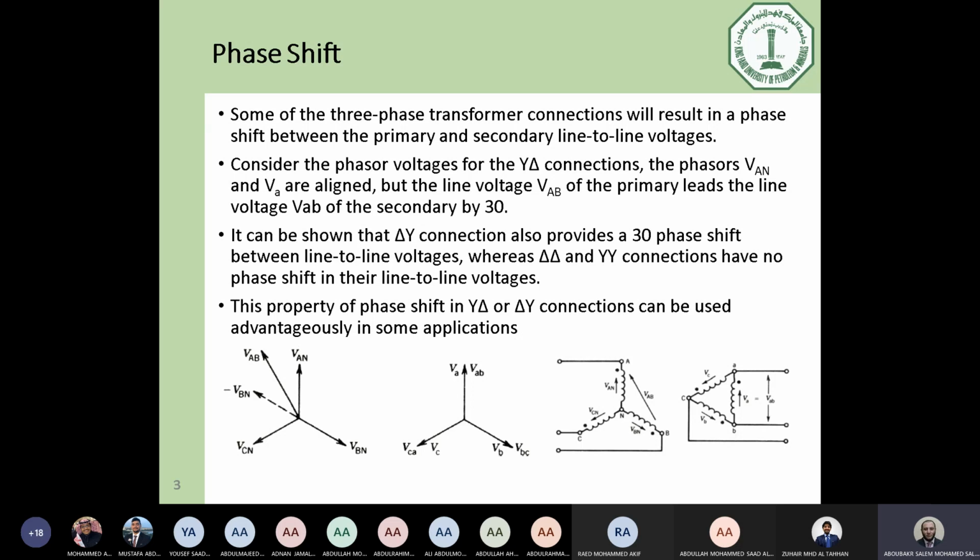So we use a transformer whose primary winding is star connected, and the secondary winding is divided in two halves. Each half is connected in a different way: one half is connected as a star, and the other half is connected as delta. So this is going to make a different phase shift for the secondary voltages of the two halves of the secondary. So this is one of the applications that depends on the phase shift between the delta and star connection. Right.